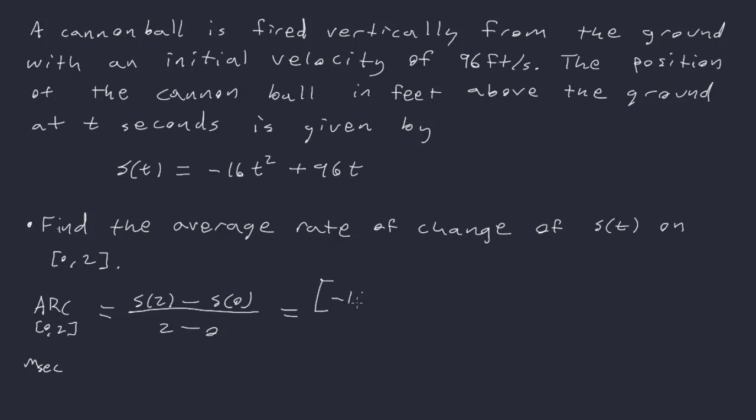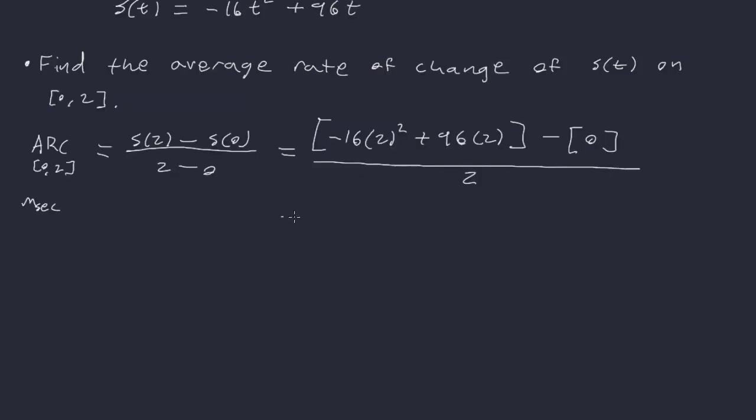So I'm going to have negative 16 times 2 squared plus 96 times 2, then minus, when we plug in the 0, we'll get a 0, because these terms are 0. And then that whole thing will be over 2. And when we crank this out, I got 128 over 2, and that's going to be 64.